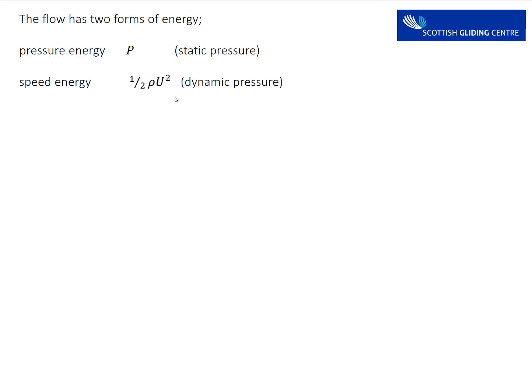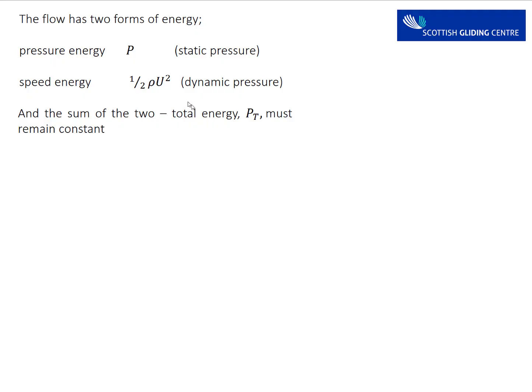And it also has a form of energy, a speed energy, which is referred to as the dynamic pressure in the flow. Now, the sum of these two terms, the pressure energy and the speed energy, the static pressure and the dynamic pressure, must remain constant, because energy can neither be created nor can it be destroyed.